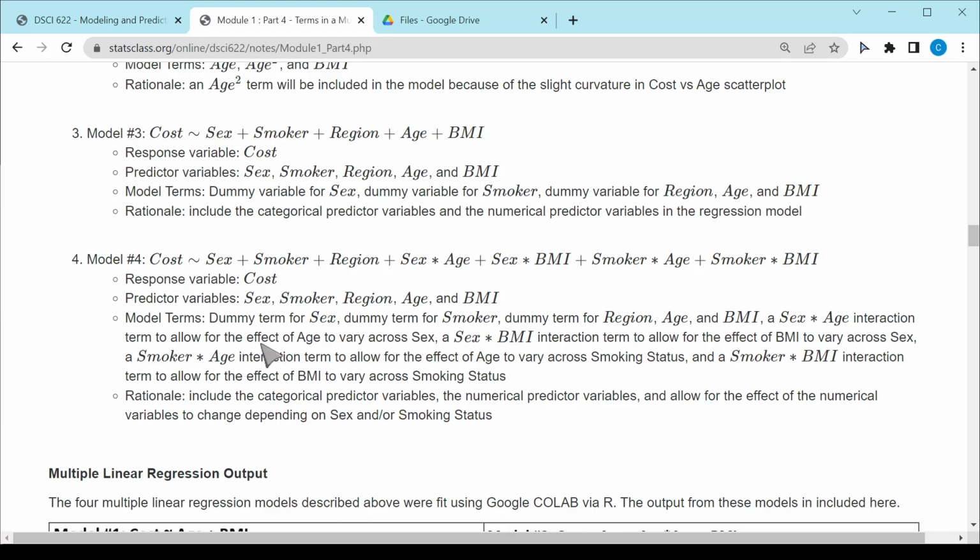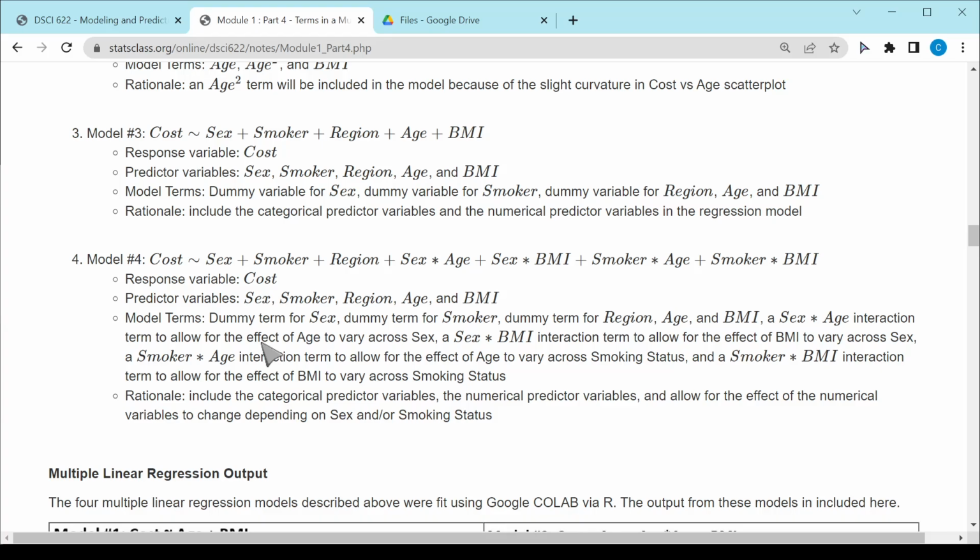So maybe when we're thinking about insurance costs, out-of-pocket insurance costs, maybe the older a male gets, the cost goes up much more than it does for females. If that's the case, you are going to need or want a sex by age interaction term in the model, because we want the effect of age to be different between the males and females.